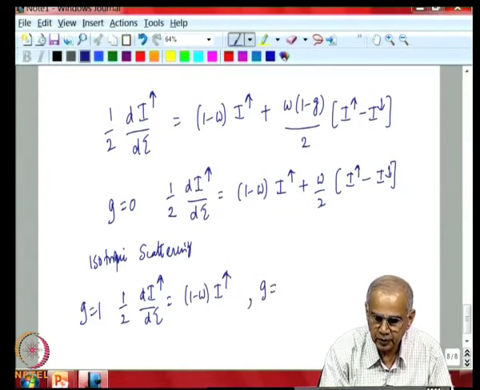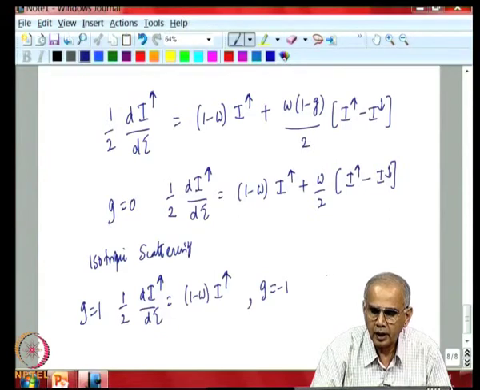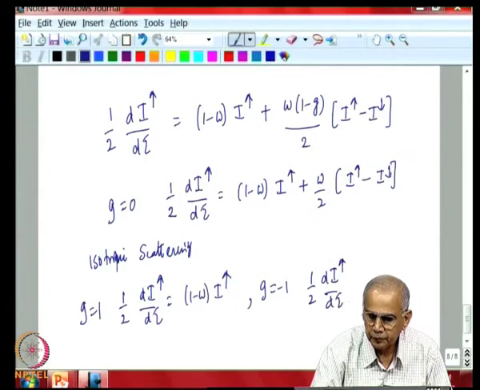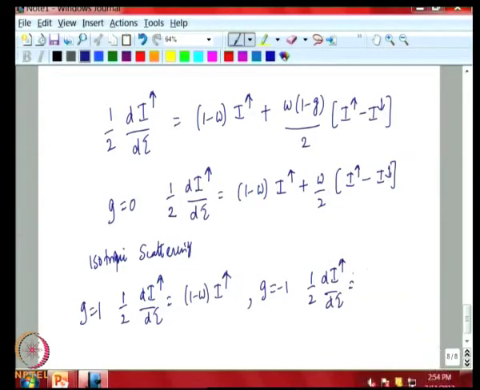and if G is minus 1, minus 1 and minus 1 is minus 2, and this will cancel with that, and you will have 1 over half d I upwards d tau equal to 1 minus omega I downwards. Because G is minus 1, minus 1 minus 1 is 2, this omega will cancel with this omega.